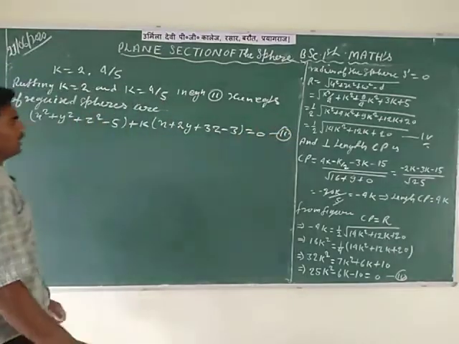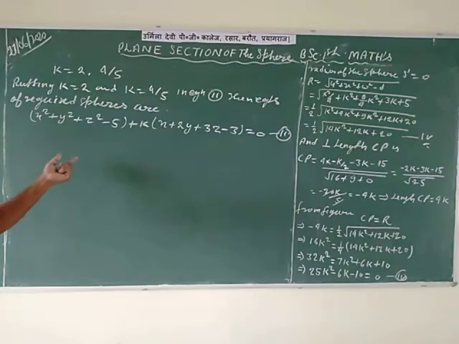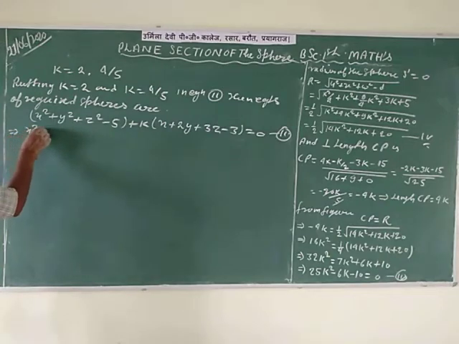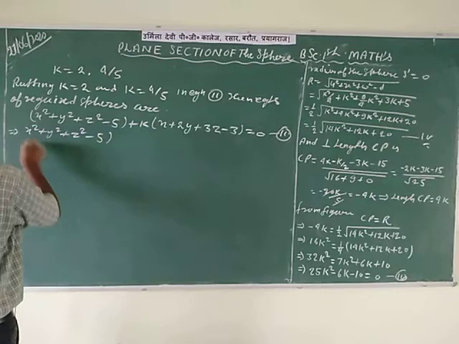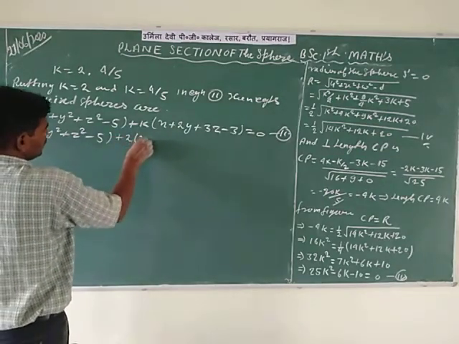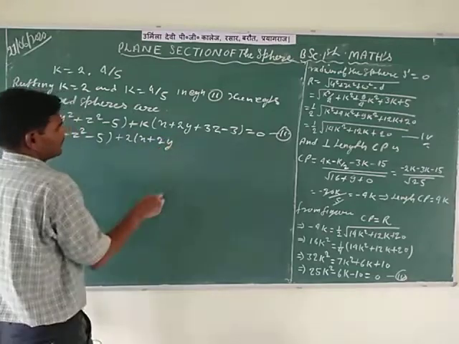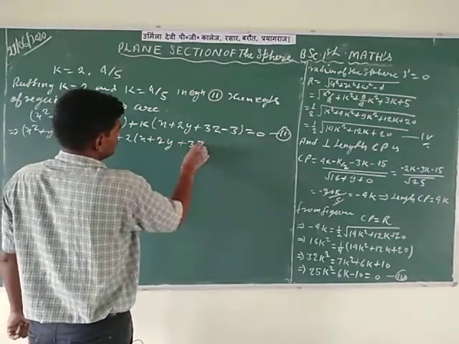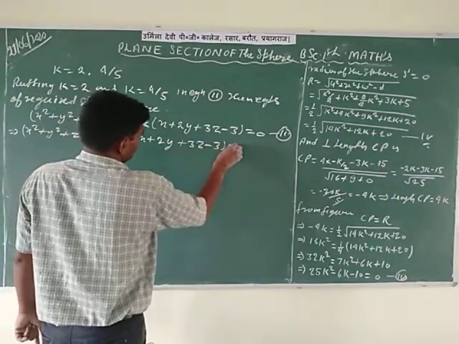In equation second, putting the value of k, you can complete the equations of the sphere. So here the first sphere is x square plus y square plus z square minus 5, and k is equal to 2, plus 2 times x plus 2y plus 3z minus 3 is equal to 0.